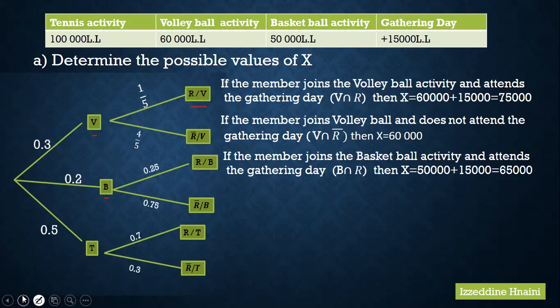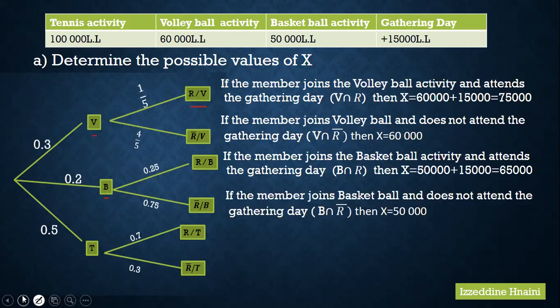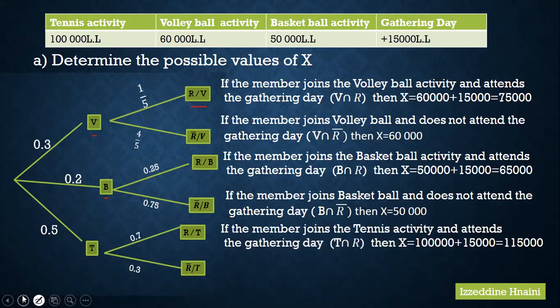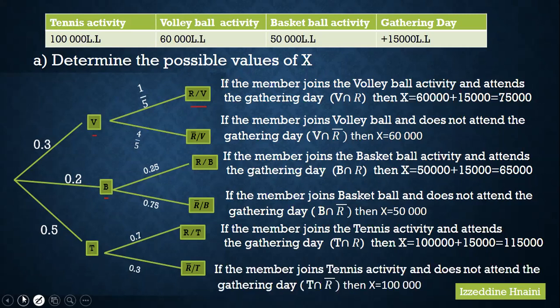If he joins the basketball and the gathering day, he pays 50 plus 15 equals 65,000. If he joins the basketball only without the gathering day, he pays 50,000. If he joins the tennis and the gathering day, he must pay 115,000. Finally, tennis only, he must pay 100,000 only.